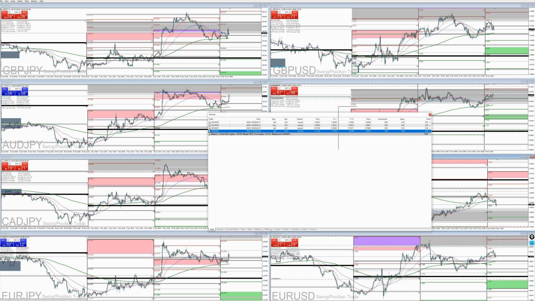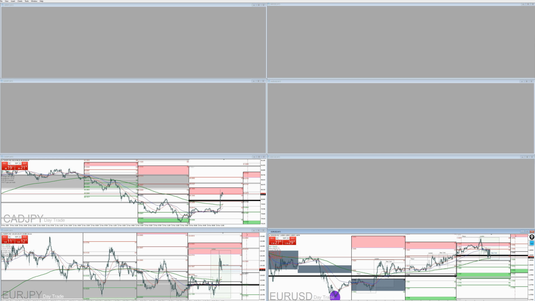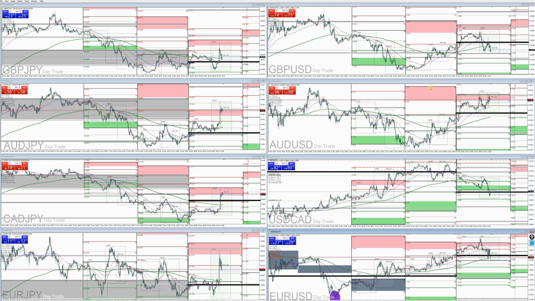Okay, let's go ahead and take a look at our day trade setups. Alright, so I don't have anything yet on the pound USD. You can see here, let's get my pen out. This is my M2 right here. So we're looking for a nice little bounce off the M2.